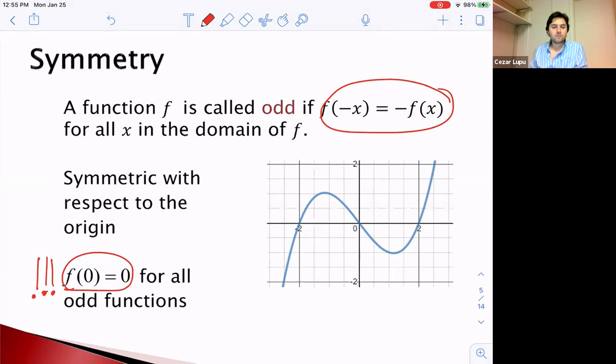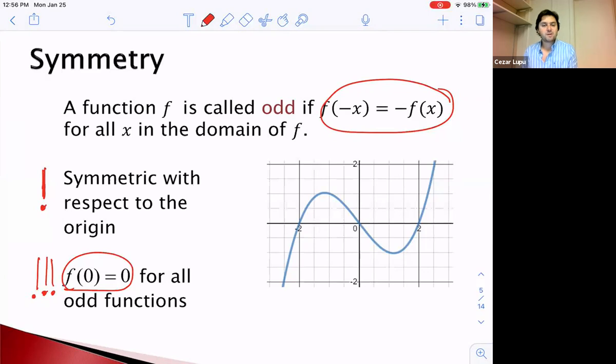Also keep in mind that it is symmetric with respect to the origin. This is important for you to know. In the case of even functions, the graph was symmetric with respect to the y-axis, but now it's more specific: it's symmetric with respect to the origin.